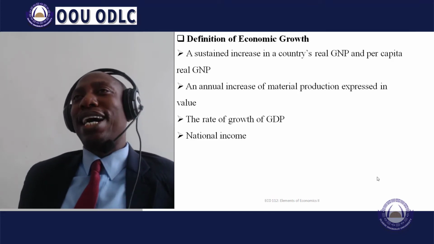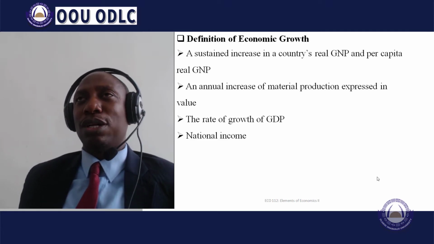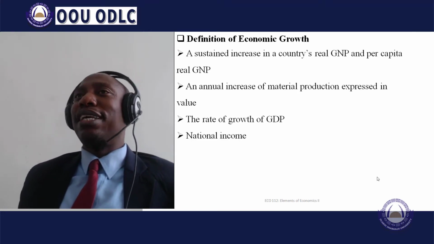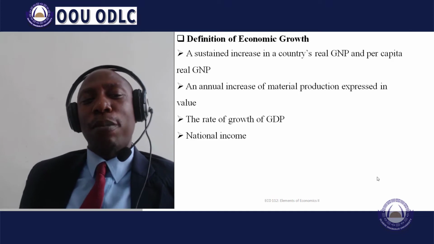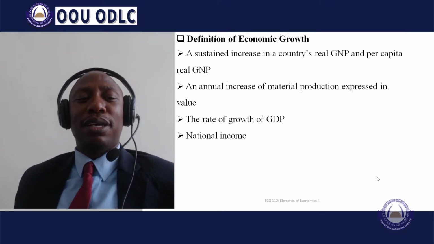So whether the output is increasing or the national income or the income per head, what's called the per capita income that we were taught some time ago, will also have to increase. So this increase in output and income of a nation over time is known as economic growth.